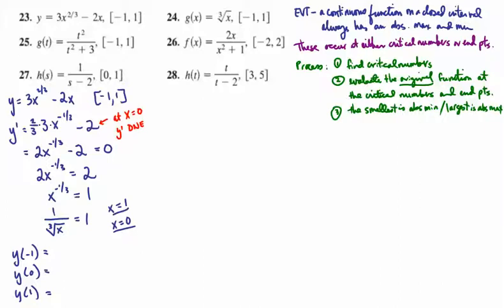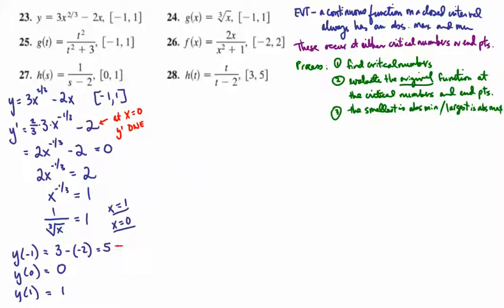Because that is to the 2/3 power, it has a power of 2 and a root of 3. The power of 2 is going to make -1 become positive, so we have positive 3 minus 2 times -1. So 3 minus -2 is positive 5. Plugging in 0, I simply get 0. Plugging in 1, I'm going to get 3 minus 2, which is 1.